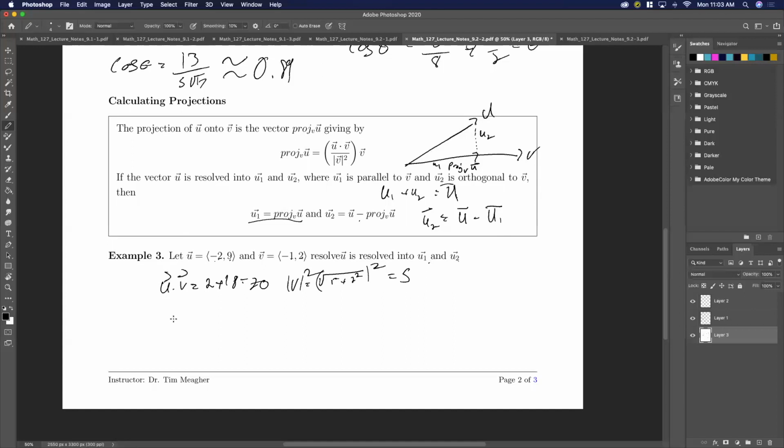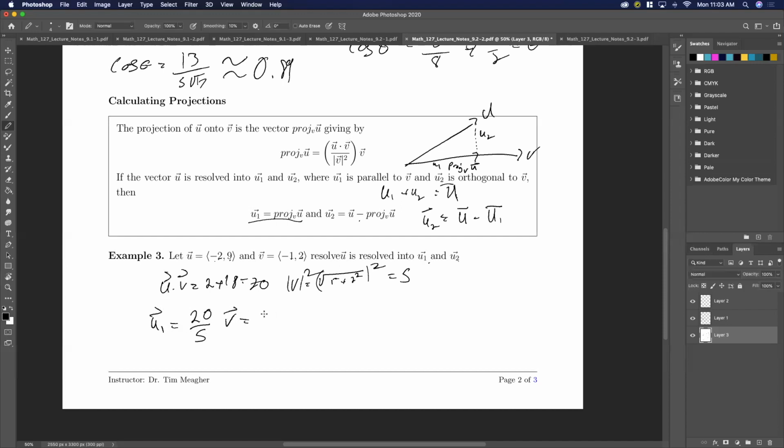So now I can put it together. I'll have 20/5. So u1 is equal to 20 over 5 times v.